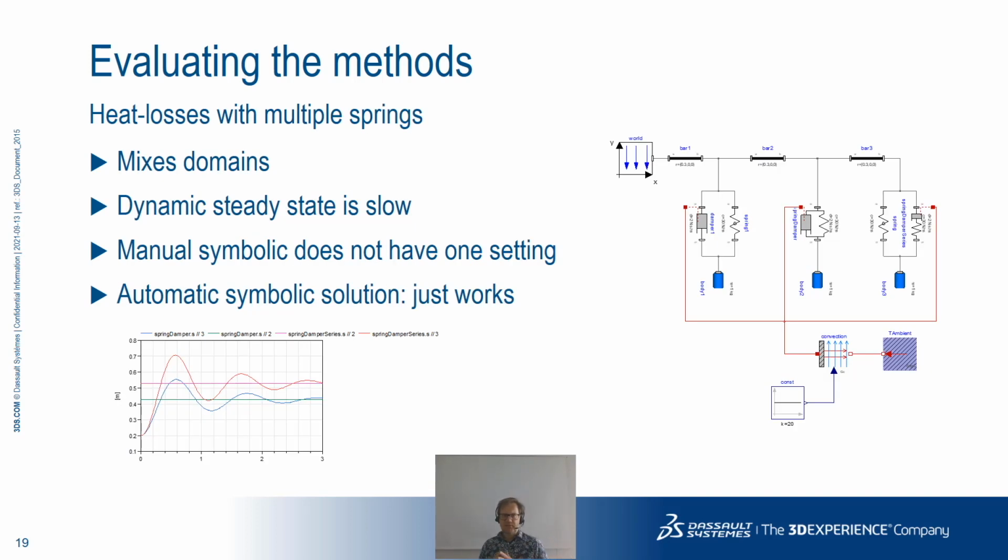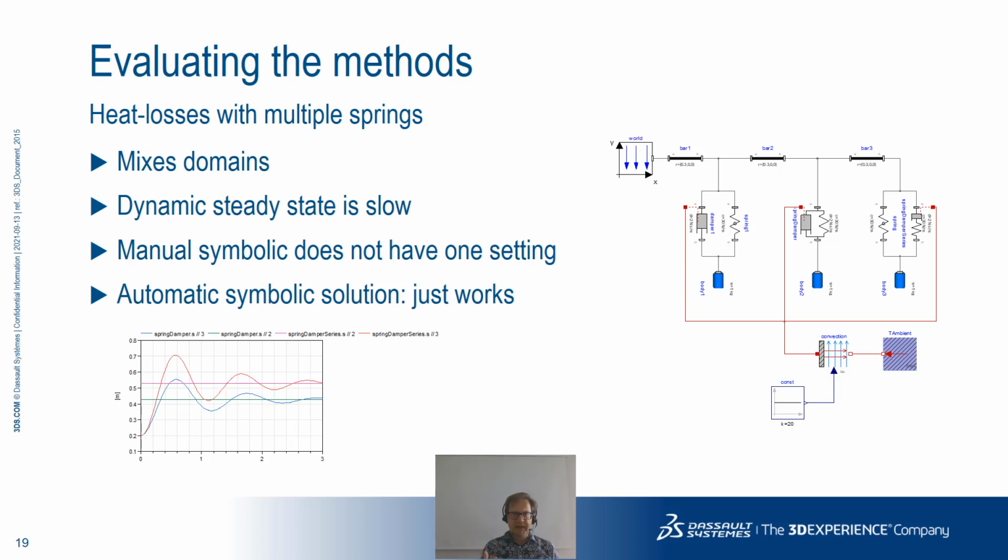So now we take a slightly more complicated example where we mix domains, and in this case we have three springs here with heat losses in them. And if we try the dynamic steady state, we will find a solution at some point, but it's quite slow because there is a slowly damped oscillation in it.